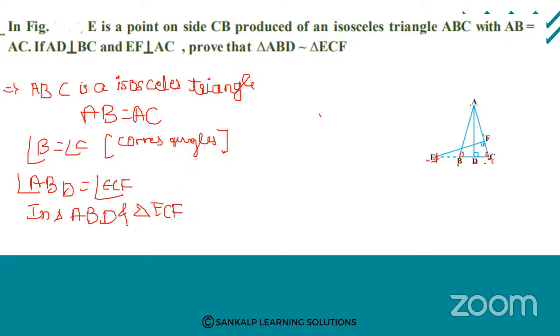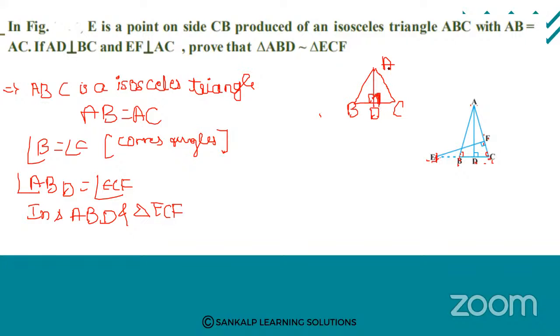So observe carefully what they have given. See here, AD is perpendicular to BC. Where is AD? AD is perpendicular to BC. That means if it is ABC, BC is a base. If you draw AD perpendicular to BC, that means here it makes 90 degrees. Here also 90 degrees.